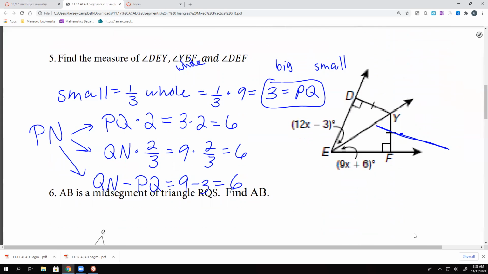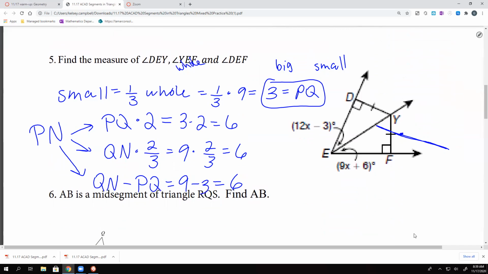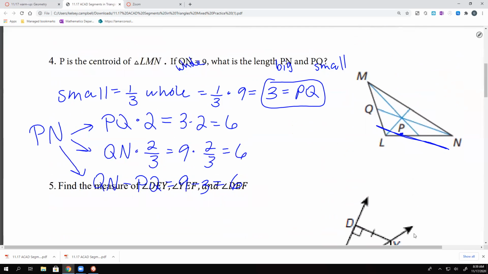Quinn, are you writing this? Like, because I'm going to erase it right now. It goes on this one.